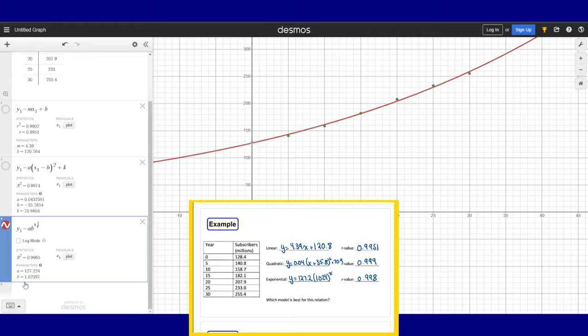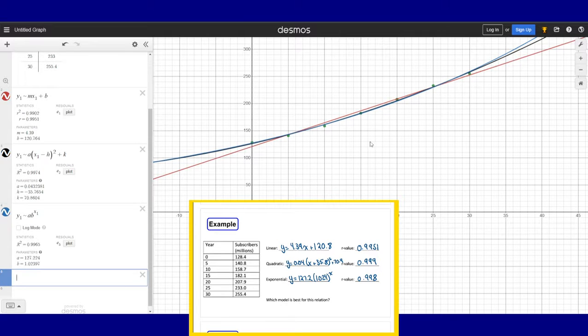Looking at these, they're all relatively strong. They're all close to perfect. Let me just change this color here. So which one is the best fit? Well, we could reason through some of these. At year 0, we have 128.4 million subscribers, and it increases each year.